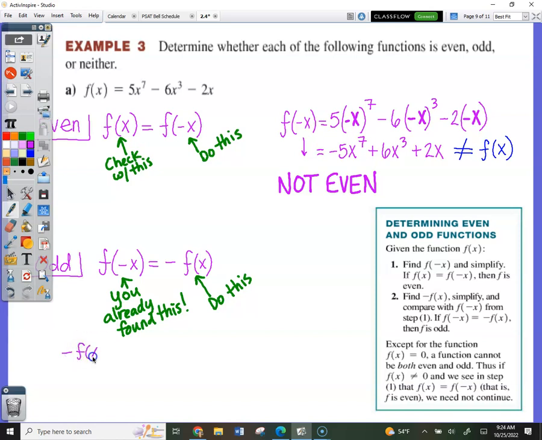Negative f of x means negative times the whole function, right? Copy the whole function: 5x to the 7th minus 6x cubed minus 2x. So you're multiplying every single thing by negative 1. Do the exponents matter if you're multiplying the coefficients by negative 1? No, they don't.